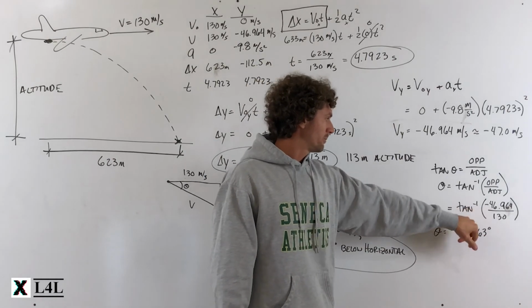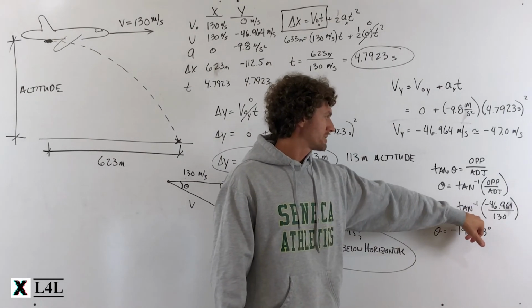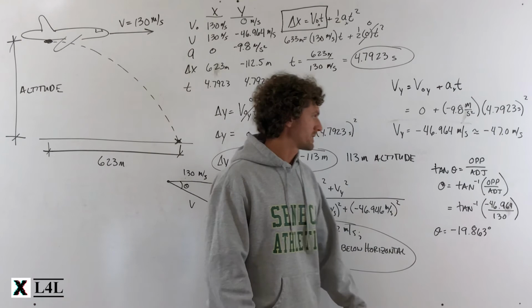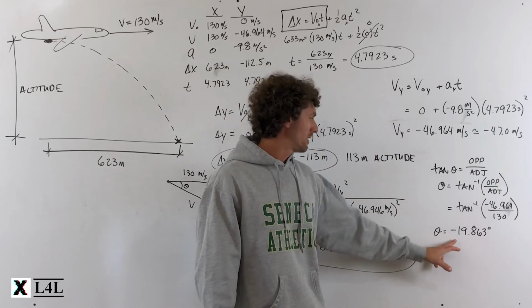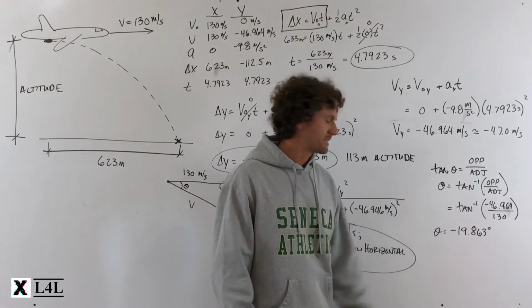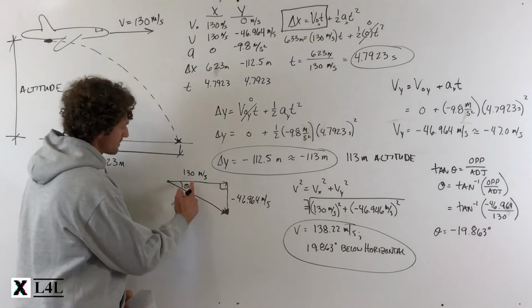So theta is equal to the inverse tangent of the opposite over the adjacent side of that right triangle. Plugging in, we find the inverse tangent, or arctangent, of negative 46.964 divided by 130 gives me an angle of negative 19.863 degrees.